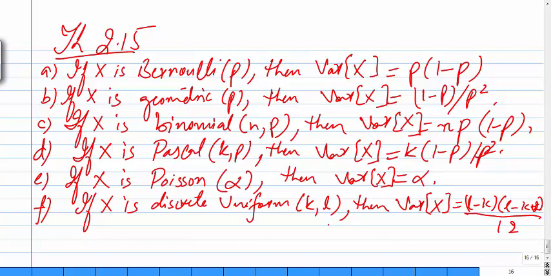So this theorem tells us how variance looks like for different random variables.